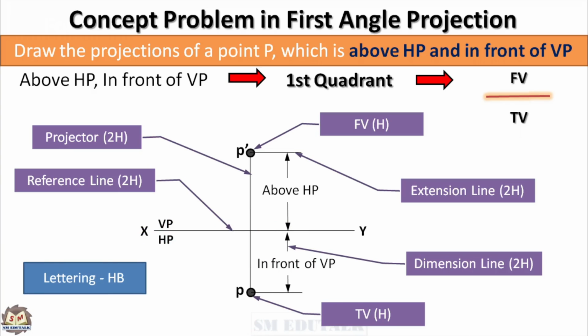For example, names of the views P, P dash, etc. Names of the planes VP, HP, reference line XY, title name, subtitle name, and arrowheads of the dimension and leader lines should be drawn or written by an HB pencil. I have uploaded separate videos for dimensioning and line types. Watch these videos to get more detail about these concepts.